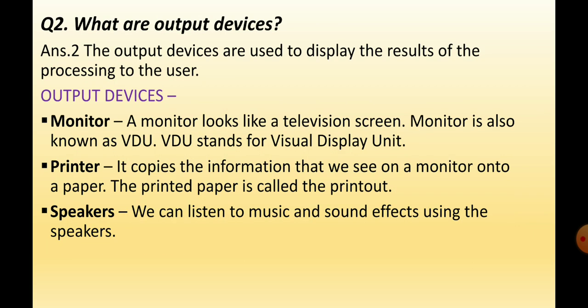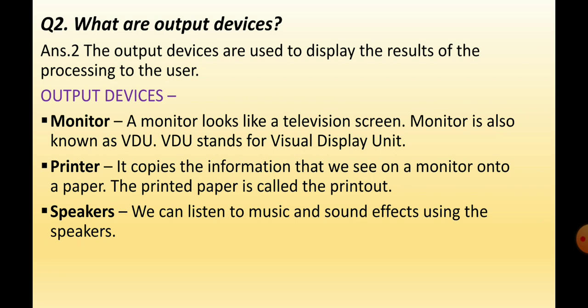Question 2. What are output devices? The output devices are used to display the results of the processing to the user. First, monitor. A monitor looks like a television screen. Monitor is also known as VDU. VDU stands for Visual Display Unit.